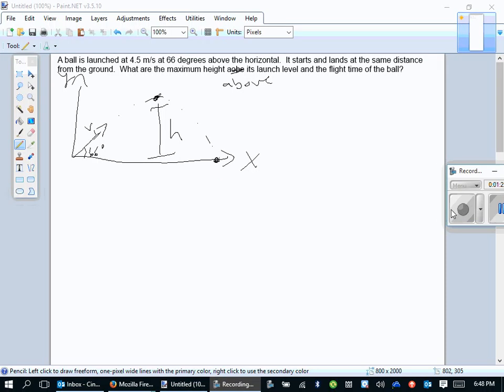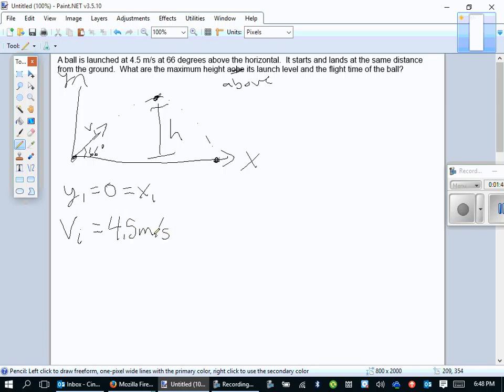So a couple things we know right away. We know initially the displacement in the y direction is 0, and also in the x direction. We're going to start from 0 right here. We know that the initial velocity is 4.5 meters per second.